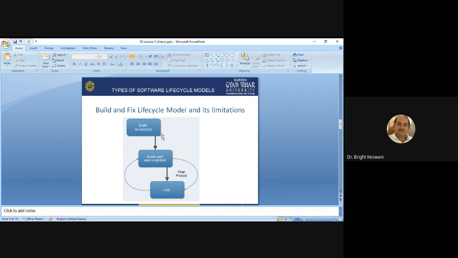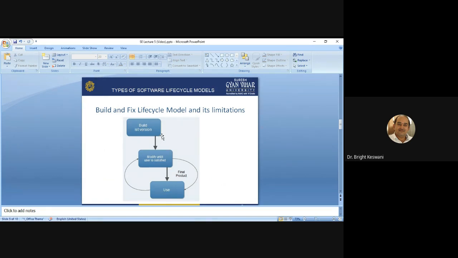Once the process model has been agreed to by all parties concerned, development of the product can begin. Until the early 1980s, the waterfall model was the only widely acceptable model.